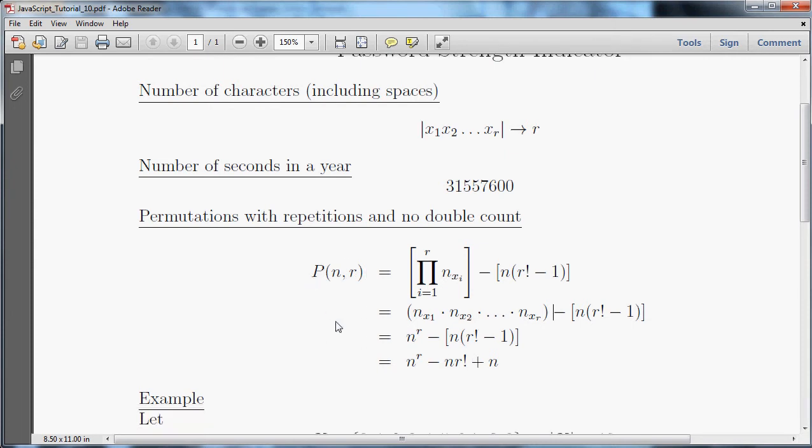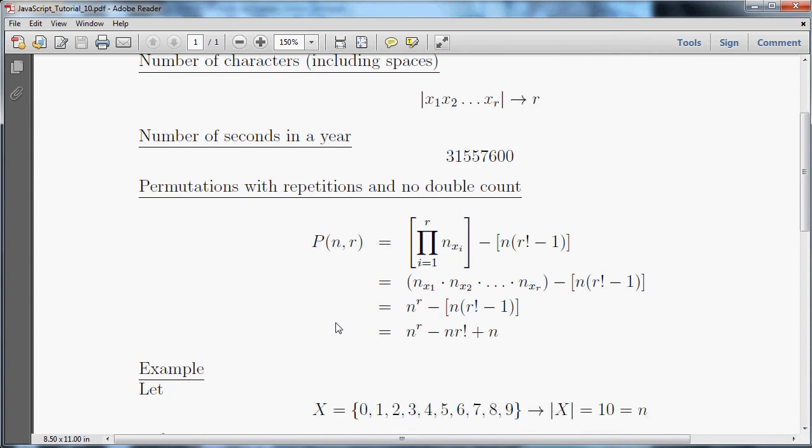All right, let's see an example explaining the repetition I was talking about. So let's say X is our pool of characters, 0 through 9. So obviously we have 10 digits. So the count of X equals 10. These 2 bars in math simply mean however many things we have inside, just like in computer science the array count function or the length.